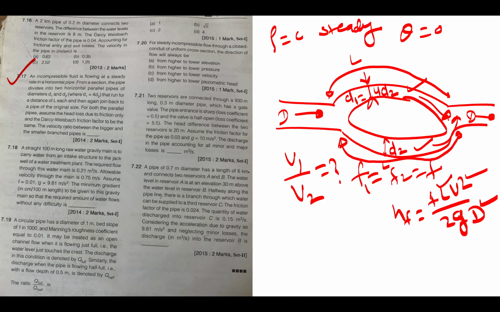Length is constant, F is constant, but one diameter is less and one is higher. So the discharge in the smaller one will definitely be less, and it will be adjusted so that in both parallel pipes the head loss will be the same.